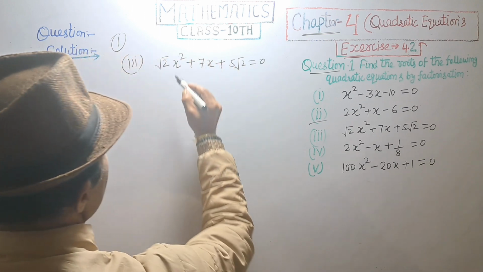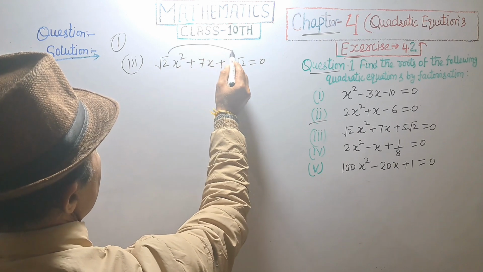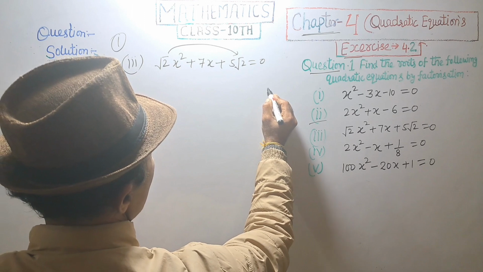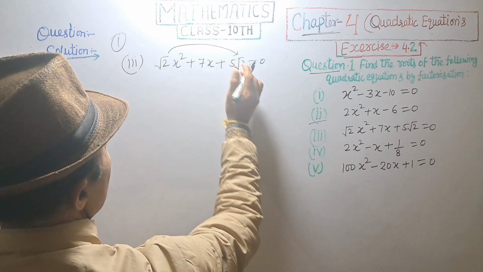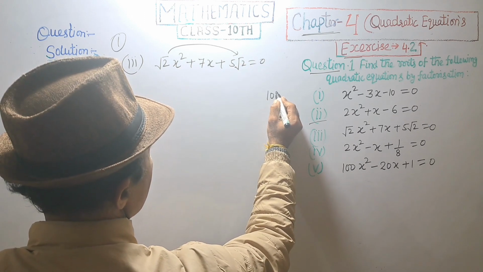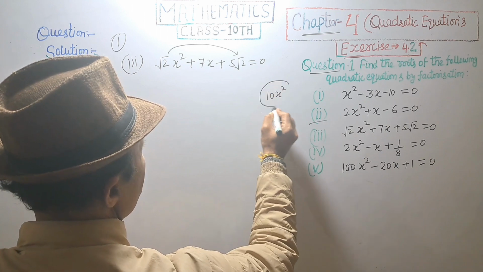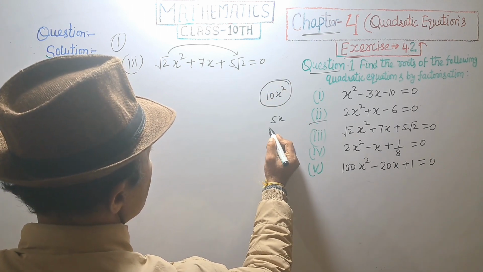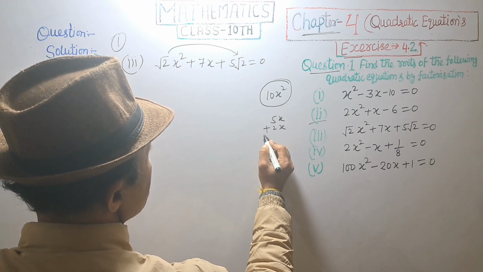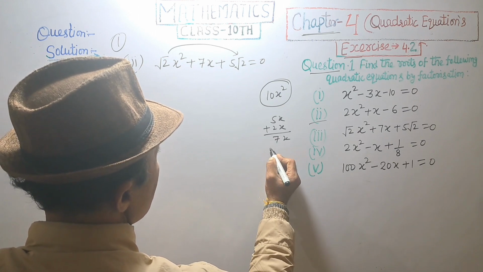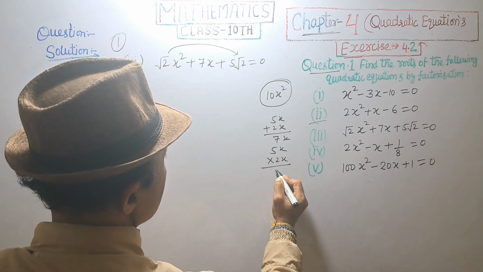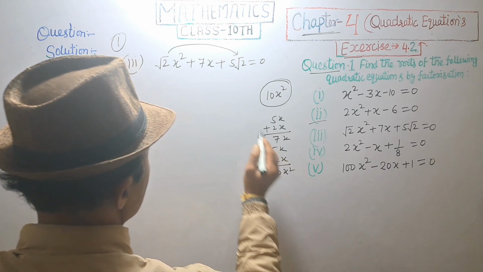Splitting middle term, product of first and last is equal to 5 2s are 10x square, but 5x plus 2x is equal to 7x, and 5x multiplied by 2x is equal to 10x square.